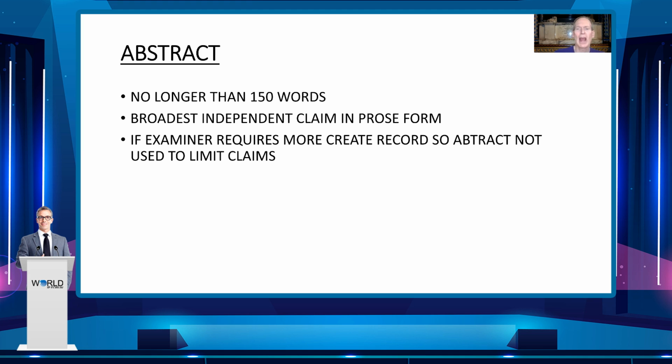Play his game and make sure you put in the response that you file, say, all these words that are added in this amendment into the abstract are only done in order to meet the requirements of this particular examiner. That way, you don't have to worry about everything that you imported into the abstract being used to limit the scope of the claims.